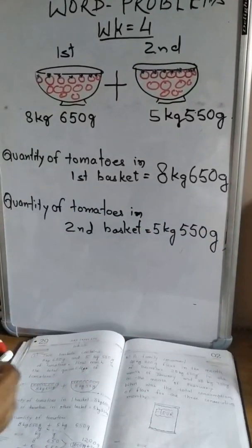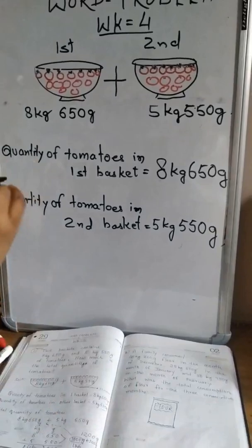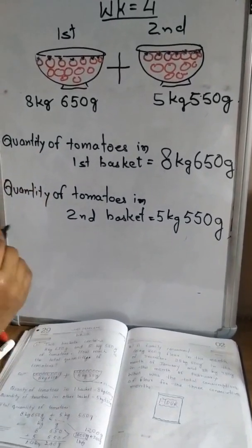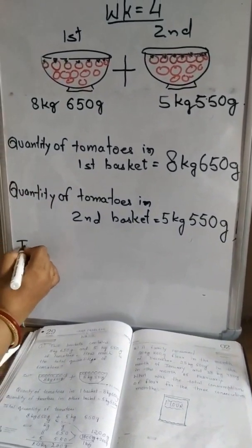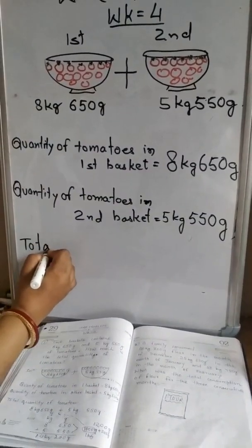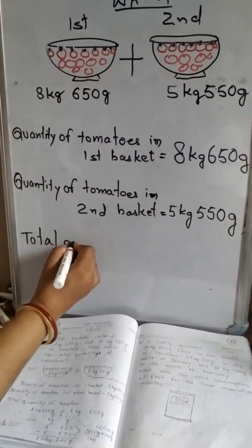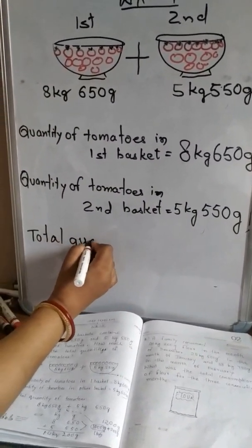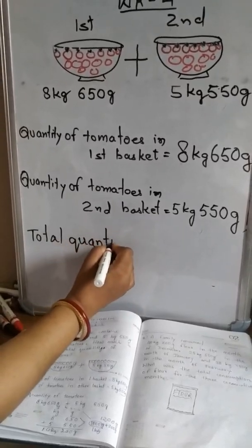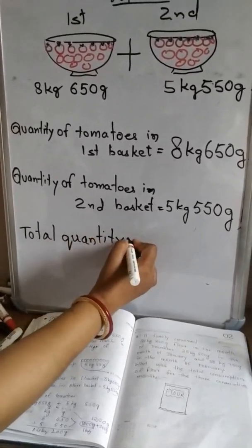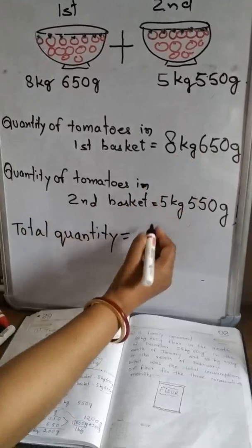Now the question is, how much is the total quantity? Total quantity means you have to do addition of these two quantities of tomatoes. Total quantity is equal to, what you will do?